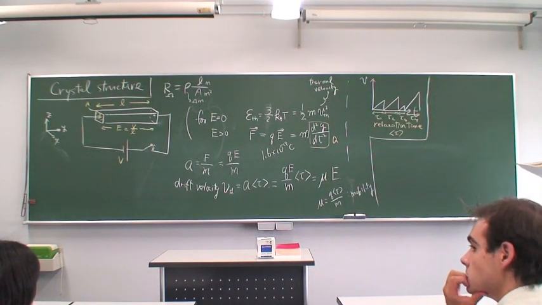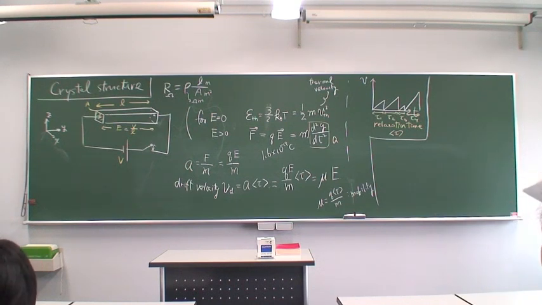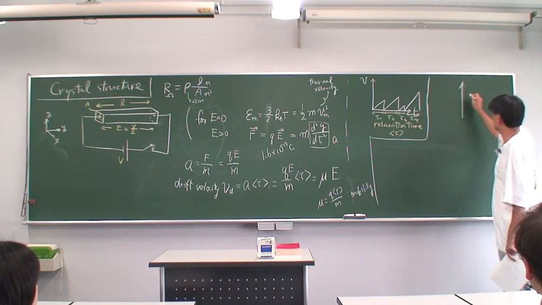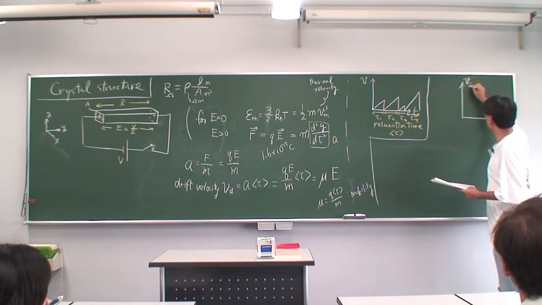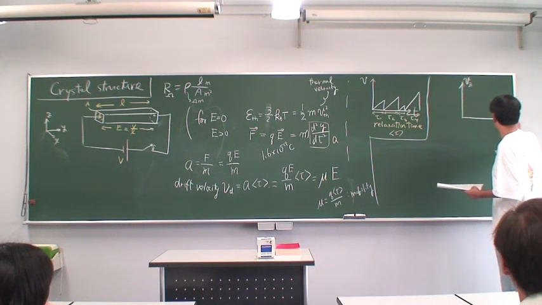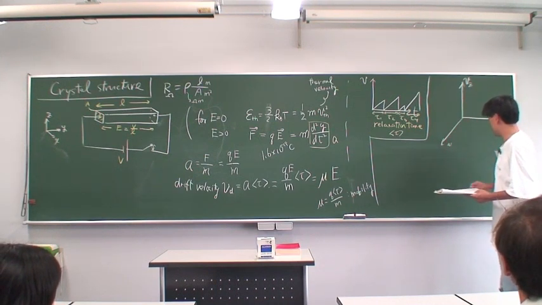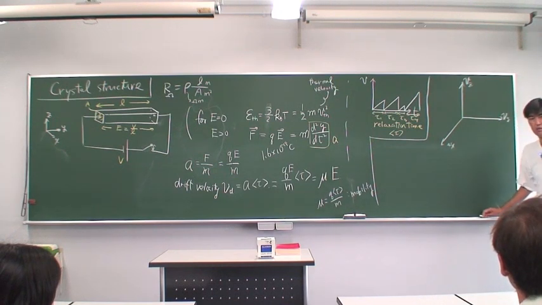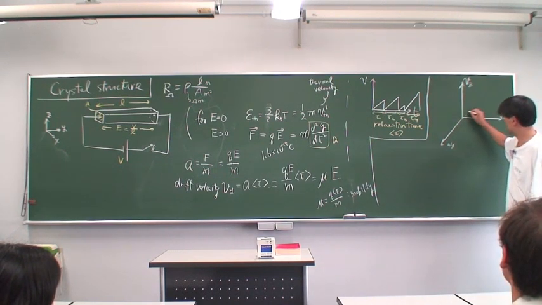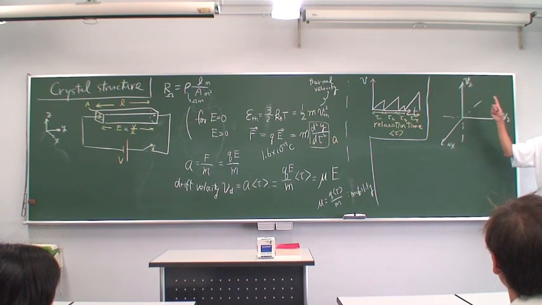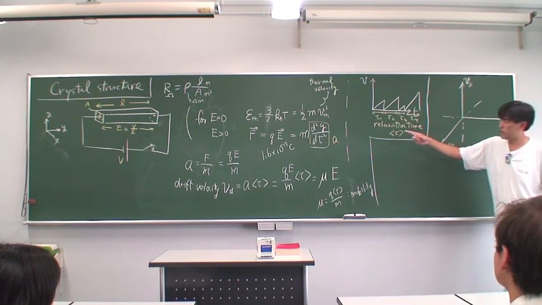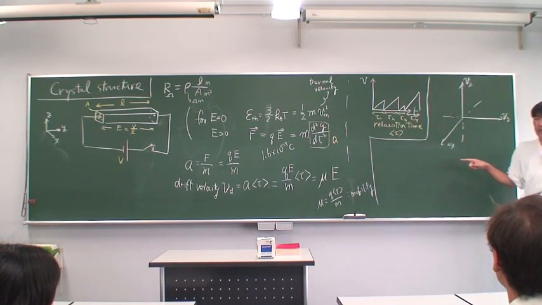So I have about 6 more lines. But before I move on, let me clarify one thing. If I plot Vz, Vy and Vx, that means velocity in the x, y, and z directions. The V thermal is completely isotropic.